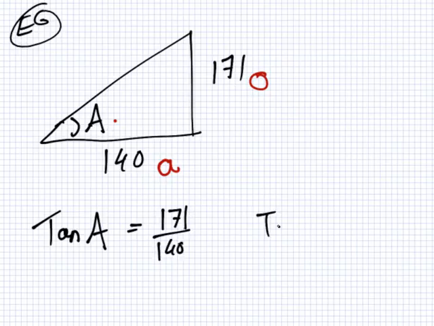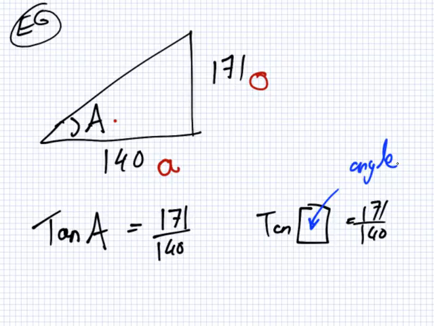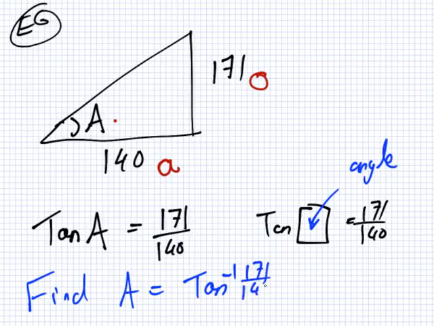So you have tan blank equals 171 over 140, and this angle is what we want. There's a special mode on the calculator to find the angle. To find A, you have to use a special mode called tan inverse. Tan inverse works backwards. You give tan inverse the answer and it gives you the angle, so it's like a backwards process of tan.